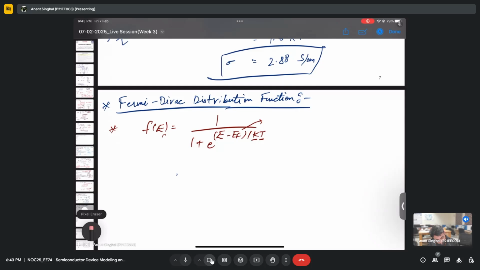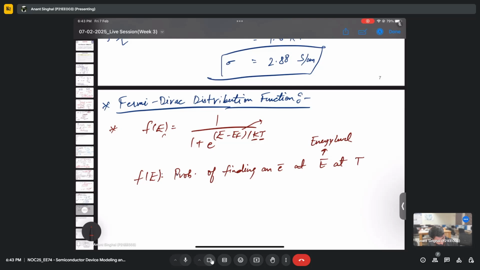If I now define Fe, as she said, it is the probability of finding an electron at energy level E and at temperature T, which is in Kelvin. So can someone now tell what is 1 minus Fe?